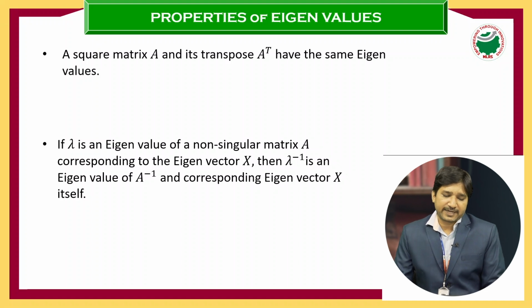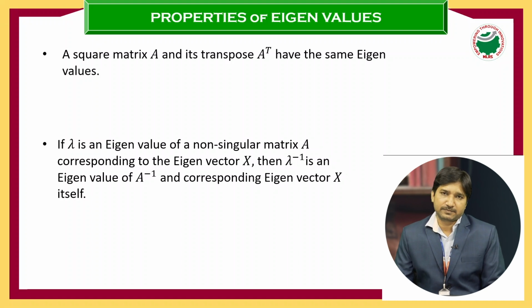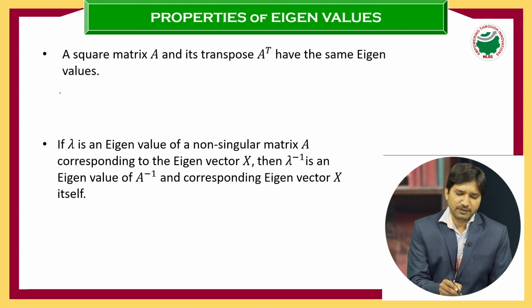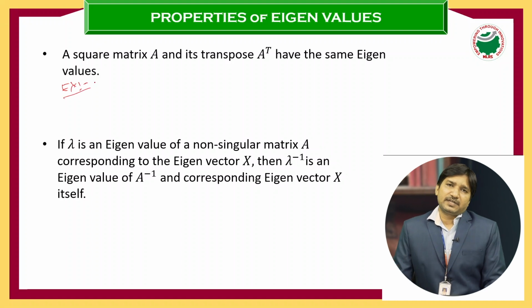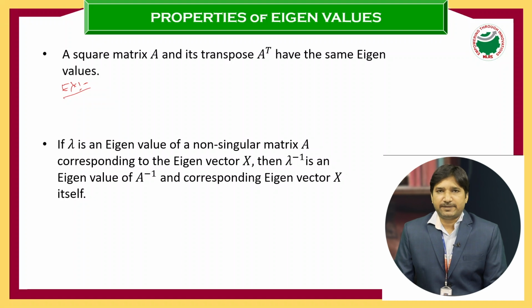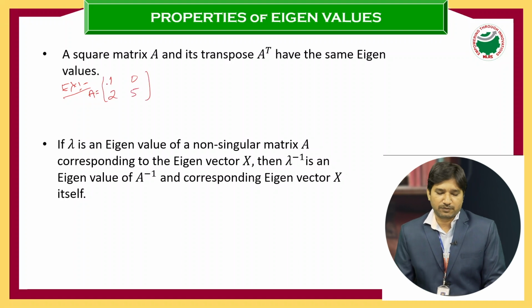Okay. Next, a square matrix A and its transpose matrix A power T have the same eigenvalues. So if you take any matrix, the eigenvalues of the transpose matrix are also equal. Example: take the matrix 1, 0, 2, 5.